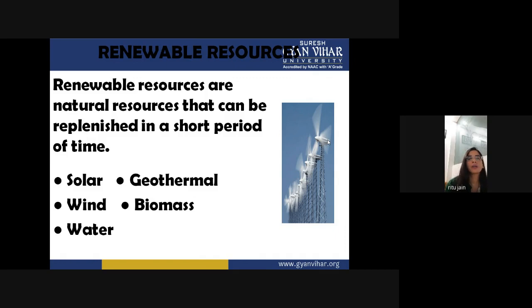The energy of wind you are using to generate electricity. Biomass, everyone knows biomass, for example, cow dung and agriculture wastage, which are used to generate electricity. And next, it comes to water. So these are the renewable energy sources.